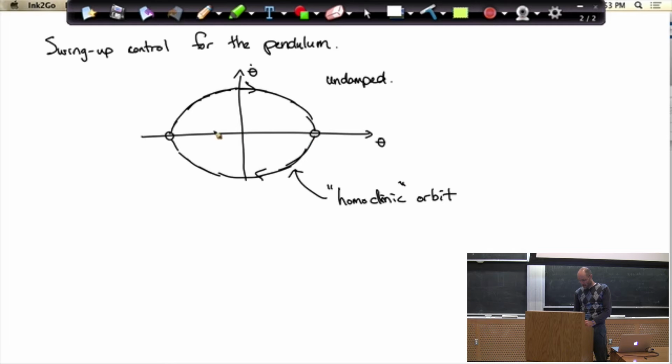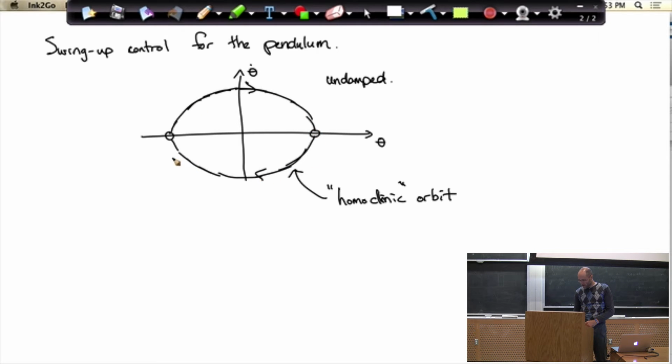If you think of these as two separate fixed points, you might call it a heteroclinic orbit, but that's the same fixed point, just rotated around by 2 pi, right? So I think it's right to call it a homoclinic orbit. The homoclinic orbit is the orbit which visits the unstable fixed point. It's deserving of a special name. If I start on this orbit, I will find myself at the upright.